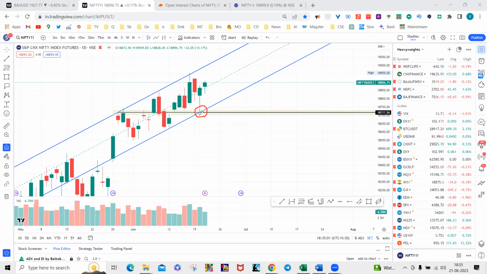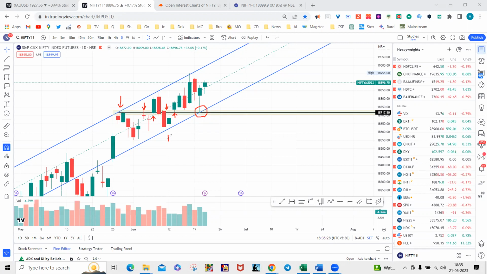I had posted this idea also in TradingView that this was earlier a zone of multiple touch points. First it was a resistance, then it became a support, again it broke down, and then ultimately price gapped up and this became a strong zone of support, which was earlier a resistance.